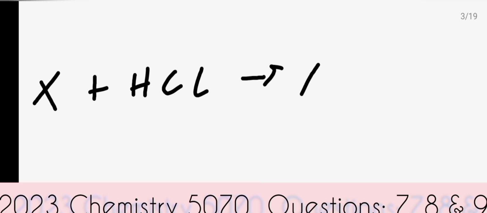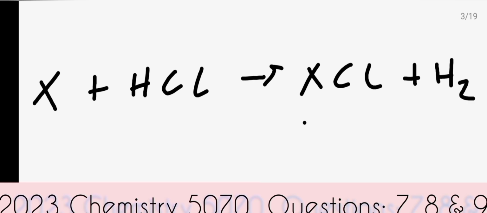X plus hydrochloric acid gives X chloride, since it's a metal, plus hydrogen. We remember that the valence of X is 3 and the valence of chlorine is 1. So they're going to swap the valences. The 3 is going to come here.